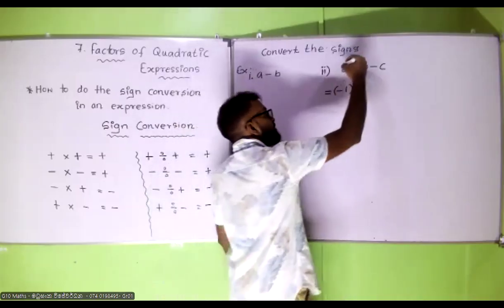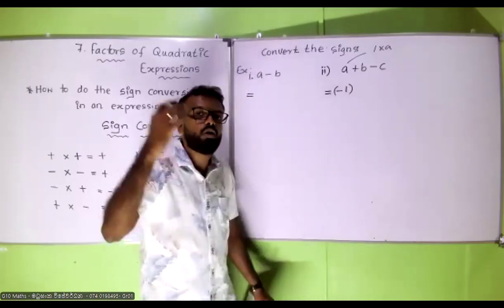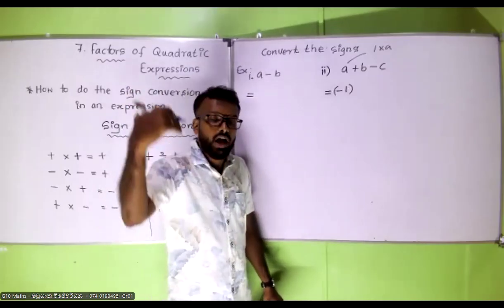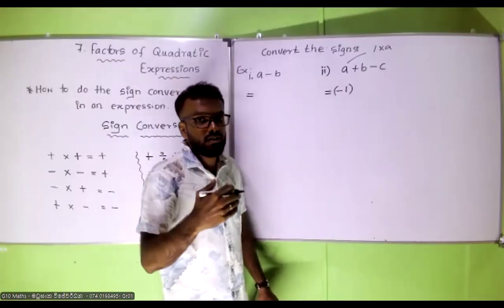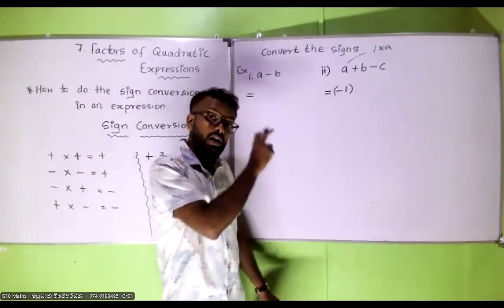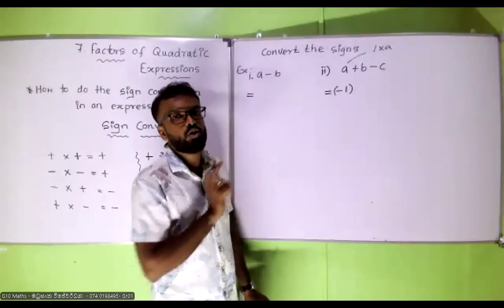Stop all the words and focus. Actually, no need to write this as 1 times A, because that is the basic rule. You know that A can be written as 1 times A, because I need you to understand that in front of A there is 1. That's why I wrote it earlier, but now I am not going to write that.